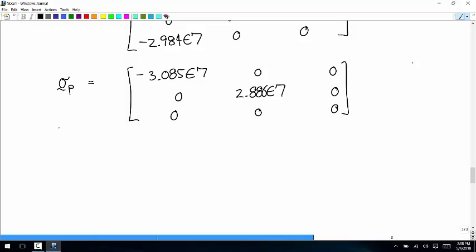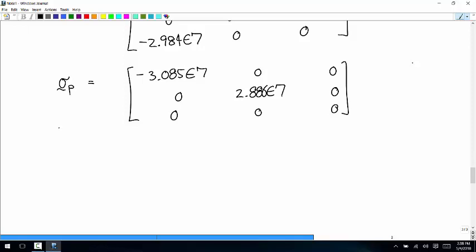Okay, so now we do the 45-degree rotation. And the key thing is to choose the right axis. So there are three eigenvalues. One's the maximum, one's the minimum, and we want to rotate about the middle one. What's the middle one? 0.